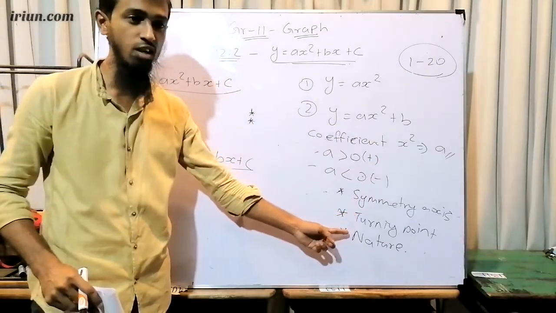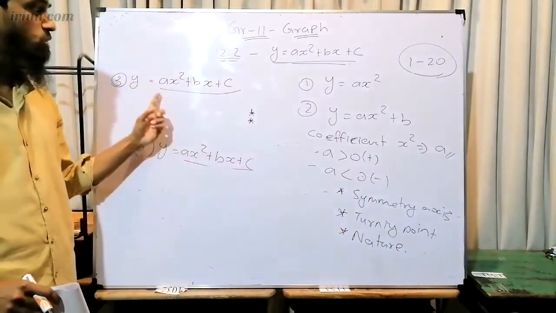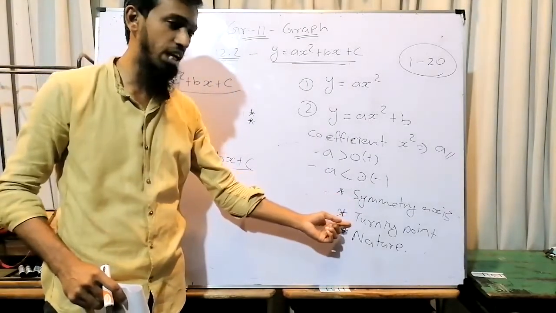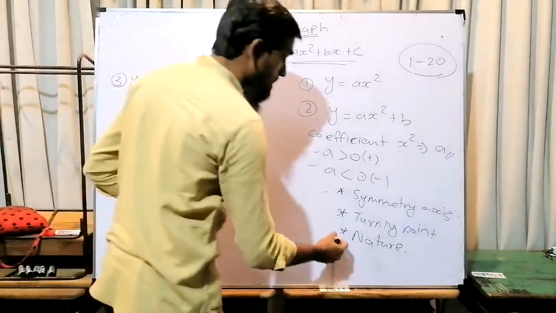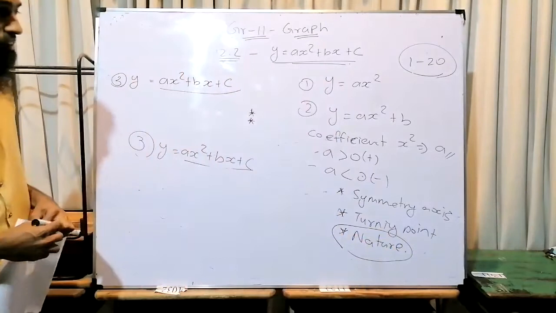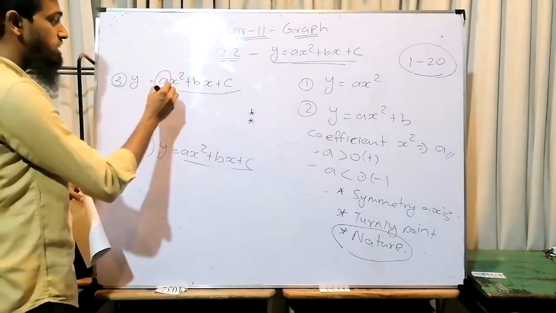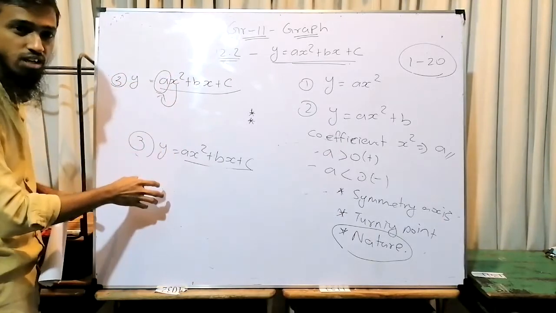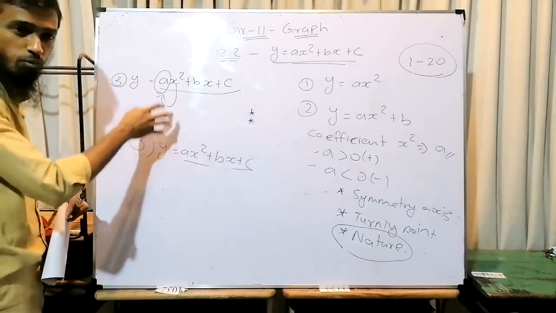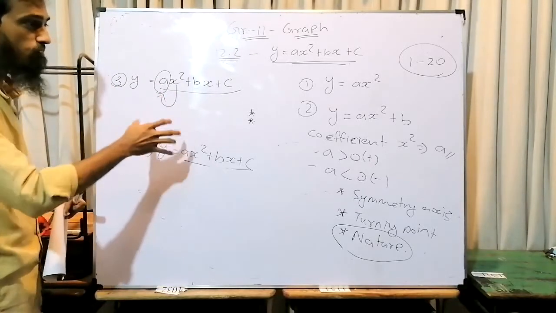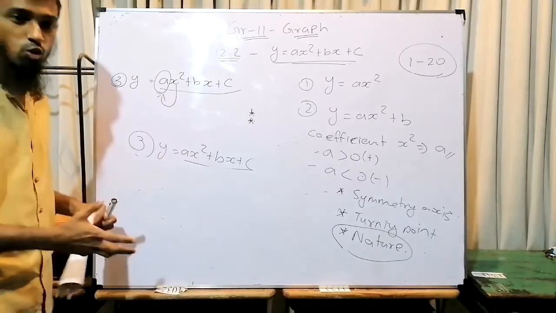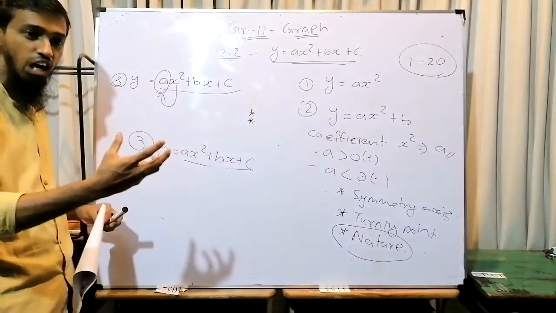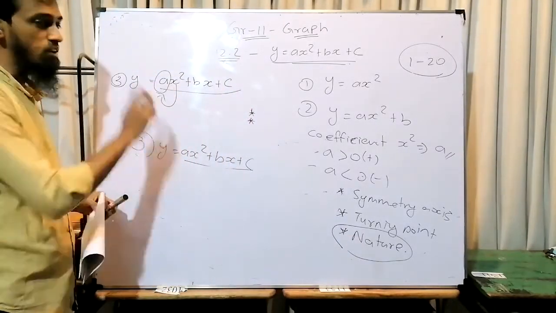So for this type of equation, without drawing the graph, we can't guess the symmetry axis or turning point. We can say the nature of the graph, because the nature of the graph depends on the coefficient of x squared. For all 5 forms of equation we discussed here, without drawing the graph, we can say the nature of the graph.